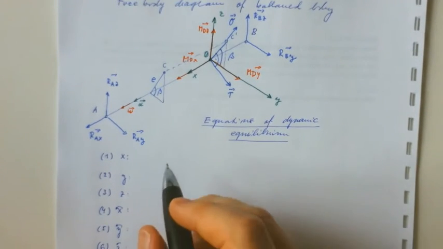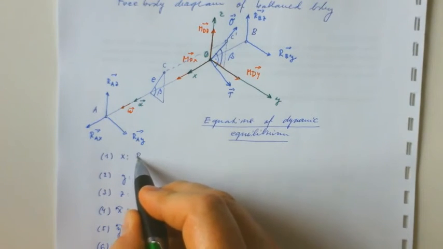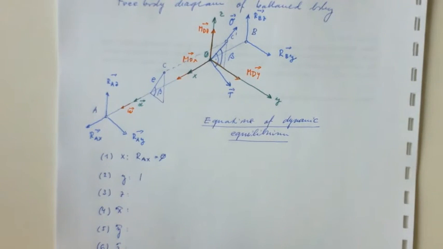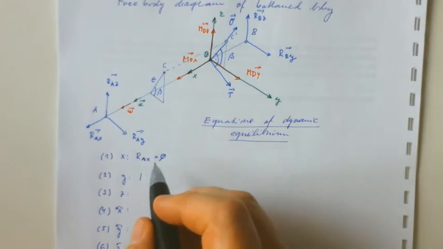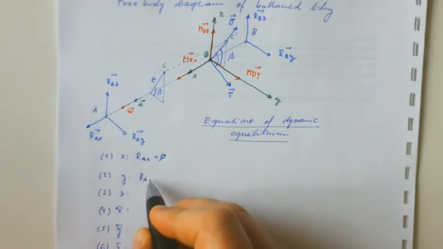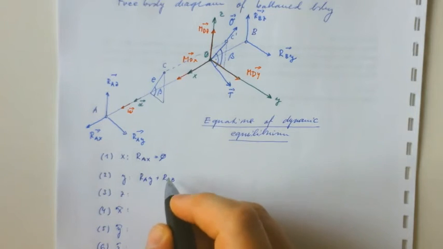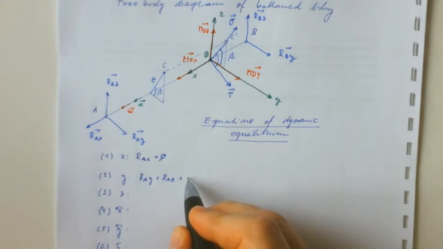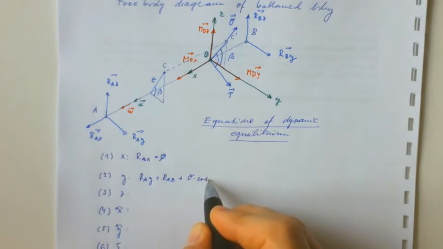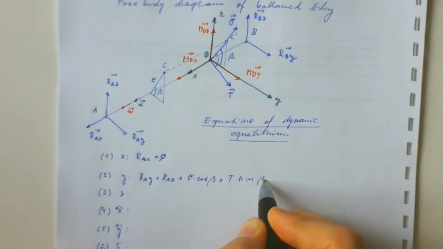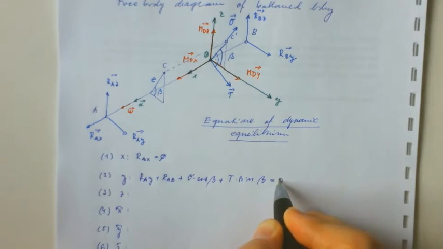So in x direction we have the only one equation, Rx is equal to 0. In y direction we have Ray plus Rby plus O cosine beta plus T sine beta is equal to 0.